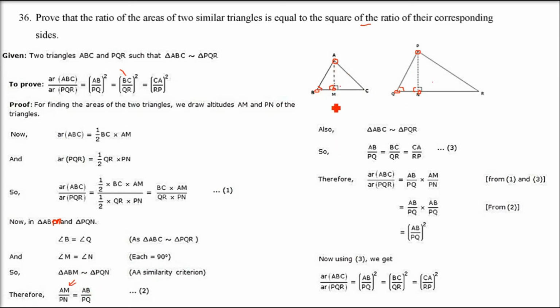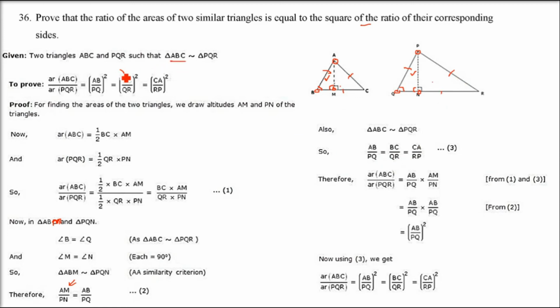AB by PQ equals AM by PN. If you see, we already have the first equation where AM by PN is there, and it is equal to AB by PQ. But right now we cannot put it in. Since ABC and PQR are already given similar, AB by PQ is equal to AC by PR, and this is equal to BC by QR.